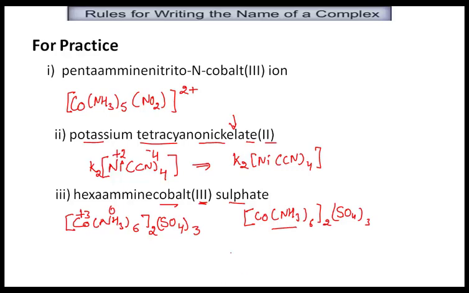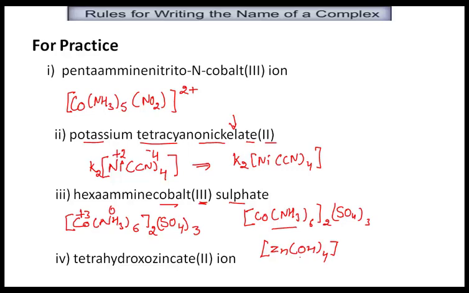Another example that can be selected is the tetrahydroxozincate ion. Tetrahydroxozincate ion. Can you try it? Again, it is in ionic form. First of all, zincate, so it will be Zn. Tetrahydroxo: tetra means 4 times, hydroxo means OH. How many times? 4 times. Square bracket close.